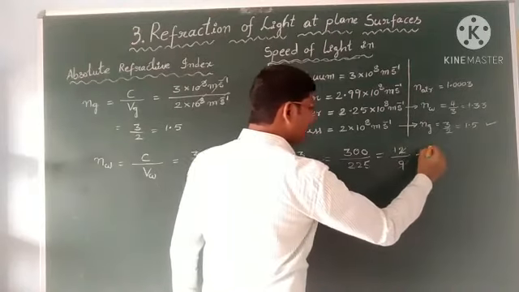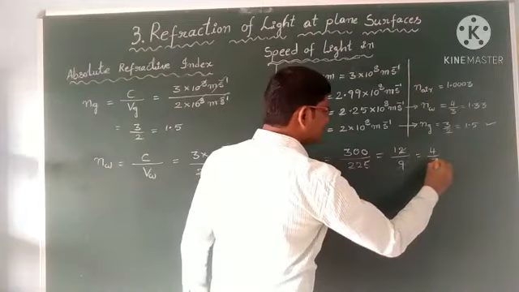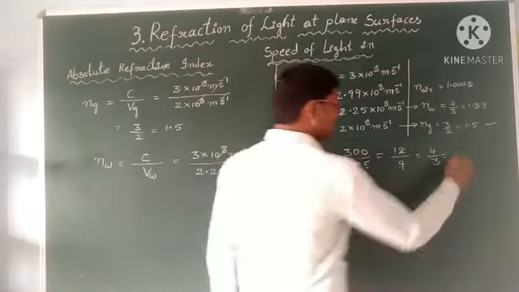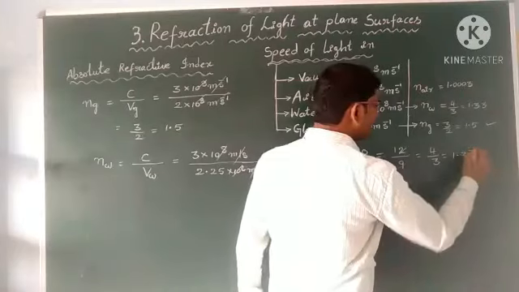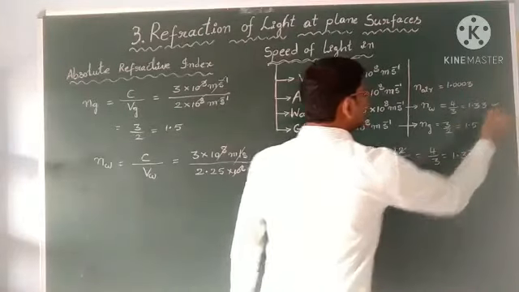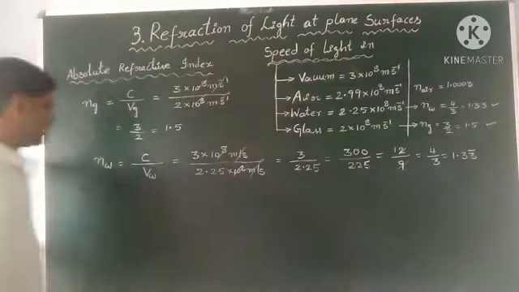Again, 3 fours are 12 and 3 threes are 9, so 4 by 3, or this value is 1.33. So the refractive index of water is 4 by 3, or 1.33.